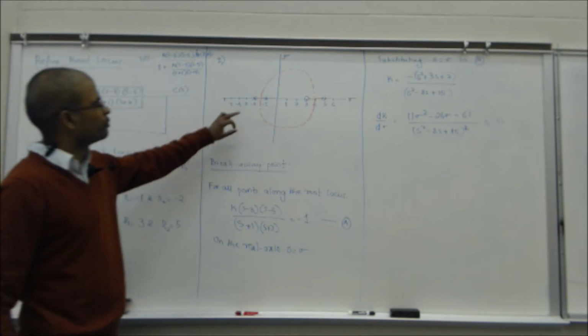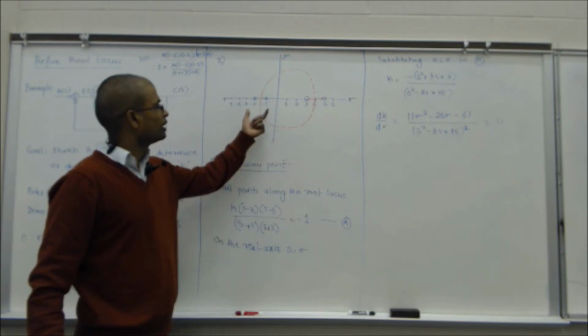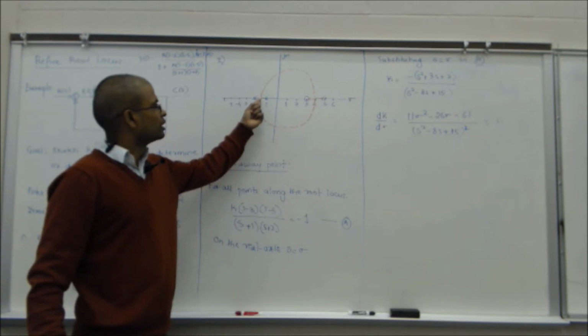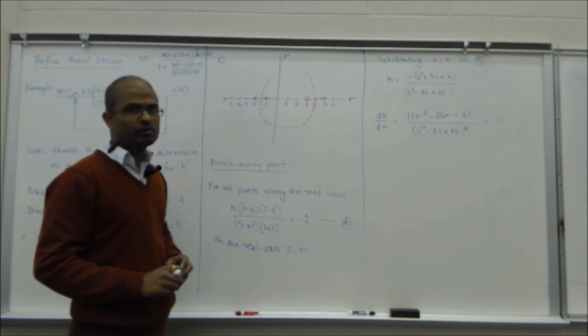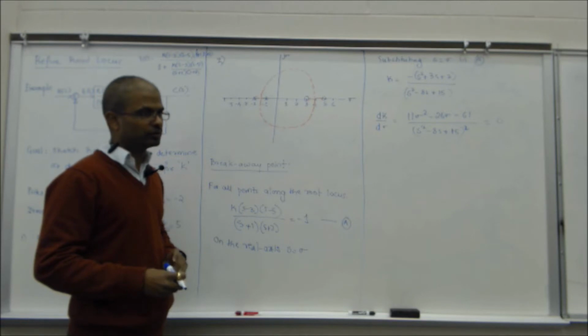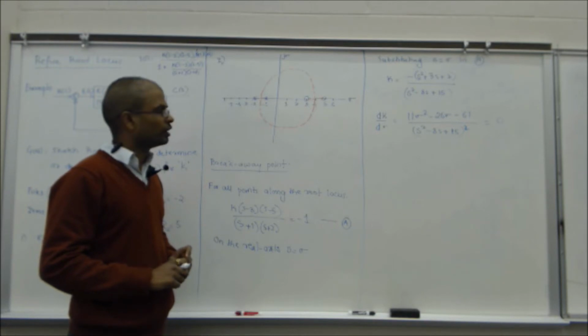At this breakaway point and break-in point, you'll find that K is the maximum or minimum at this point. And how do you figure out the maximum or minimum? You differentiate and equate it to 0.